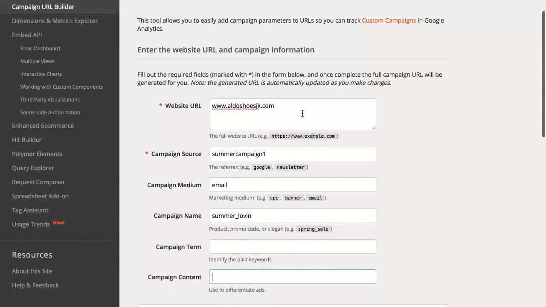So let's use all those shoes as an example, but I made a fake website. You type in your website here, all those shoes, just kidding.com, and then your campaign source. We'll name it Summer Campaign 1. And this could be specifically speaking to a newsletter email campaign as the source. Then you have your campaign medium, which we have defined as email.